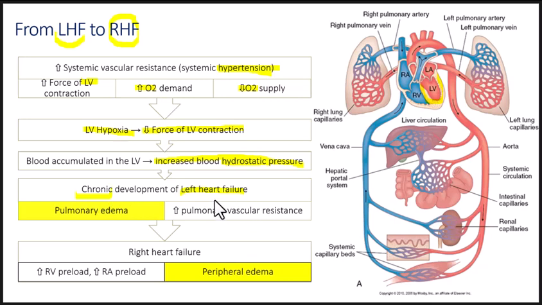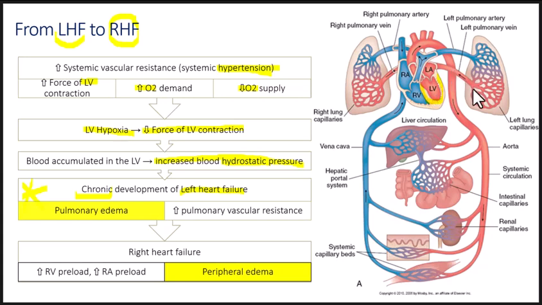Now, I'd mentioned at the start of today's lecture that left heart failure can lead to pulmonary edema. And this is very important for you to understand why. This left heart has failed. We already know that. It's dilated. What's going to happen now that it really can't pump a whole lot of blood out, but blood is still being added, is eventually it just starts to back up. And where is it backing up into?